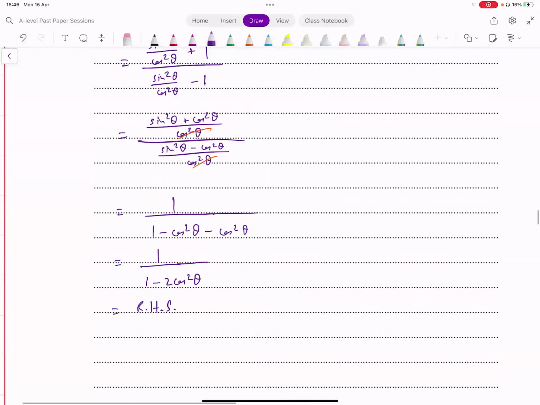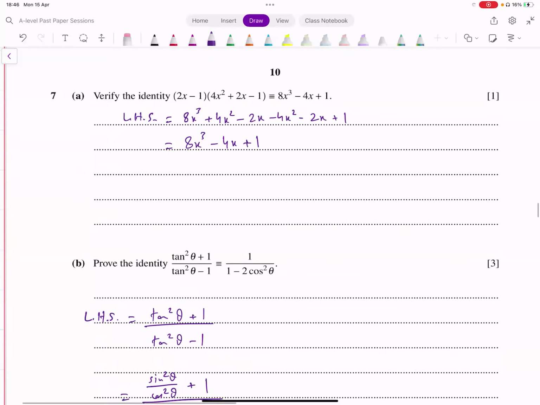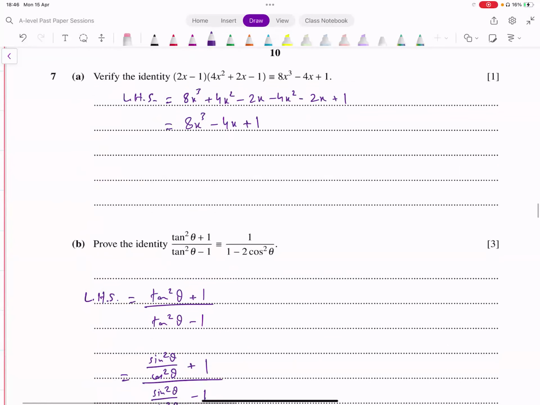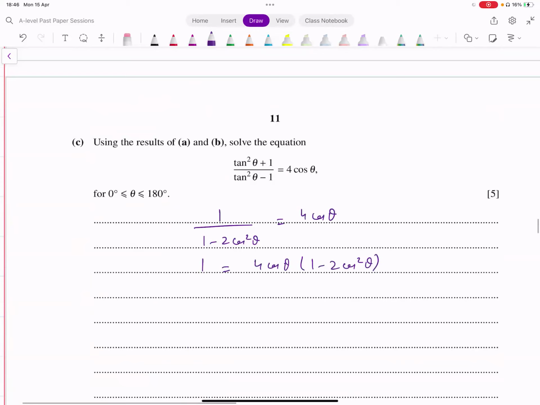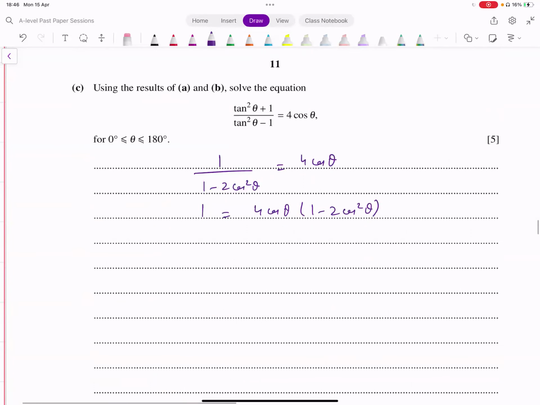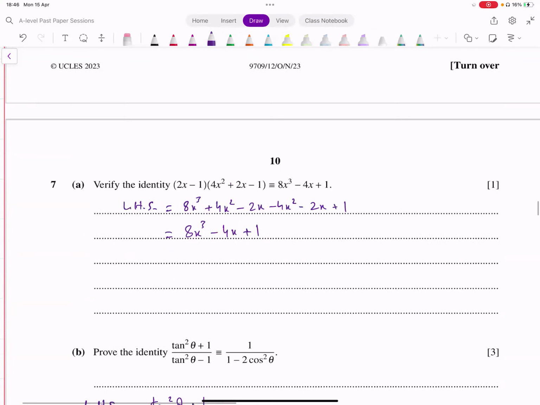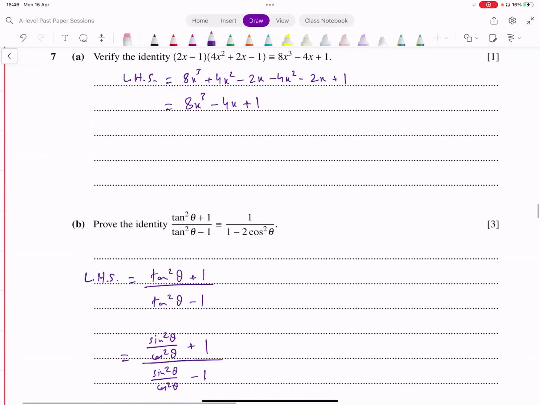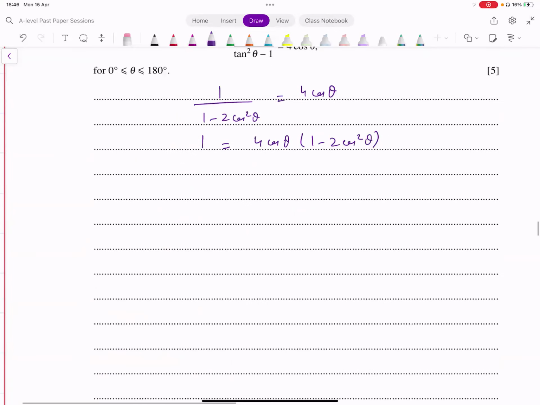Now, they want us to use part A somehow as well. It doesn't look as relevant here for now, because these are two very different forms. Let's simplify this and see what that gives us, in case it gives us something similar. 4 cos theta minus 2 into 4, that is 8 cos cube theta, equal to 1.